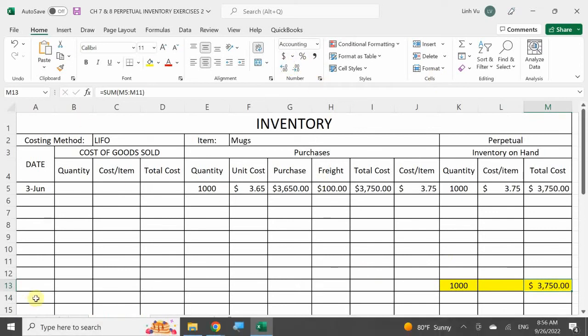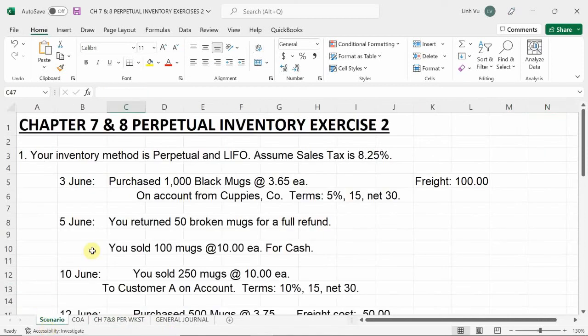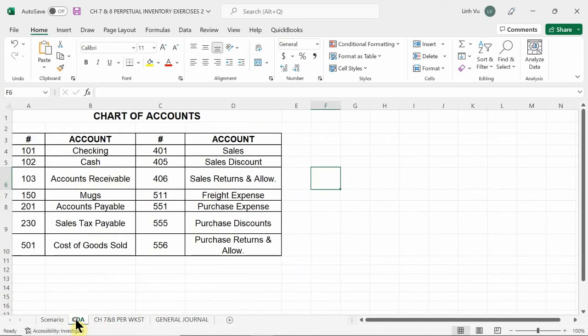Let's see what happened next. June 5th rolls around and you end up returning 50 broken mugs for a full refund. How would I record this?